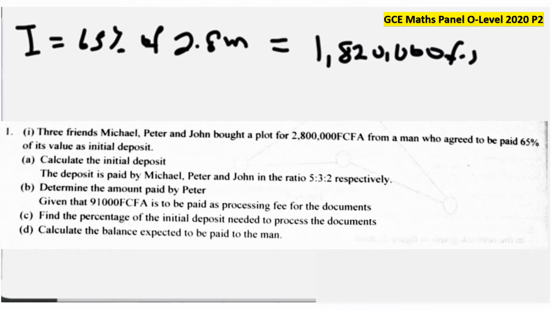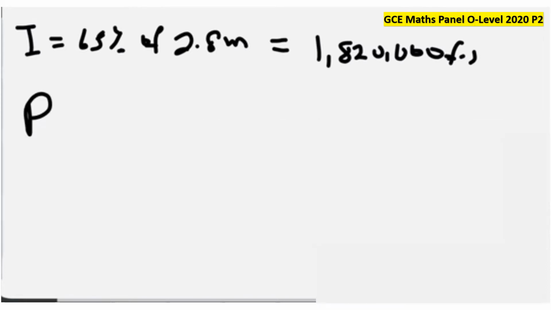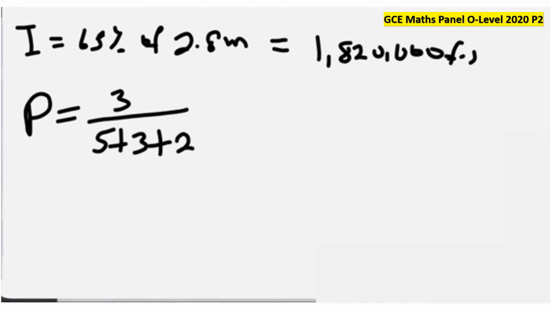So for Peter's share, Peter pays 3 out of a total of how many parts? We have 5 plus 3 plus 2, times this initial deposit that is to be paid, 1,820,000.